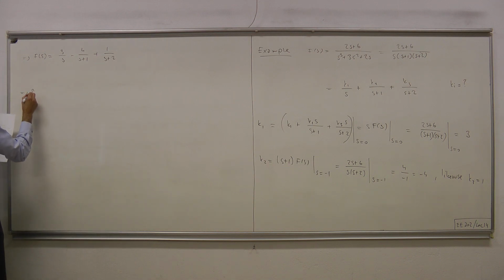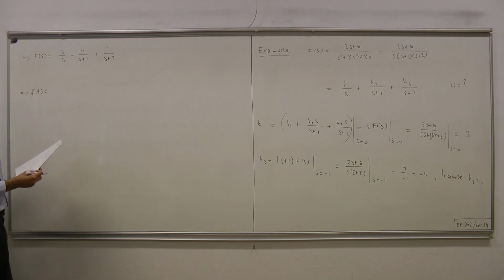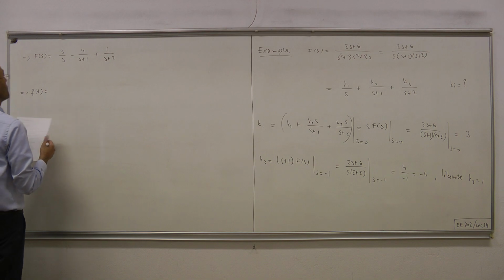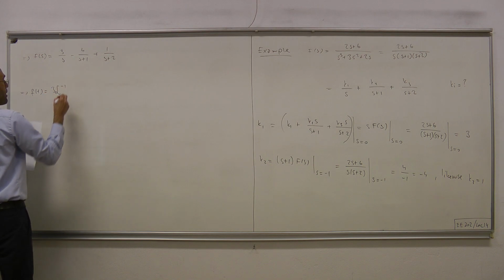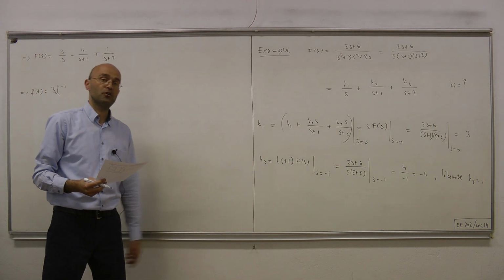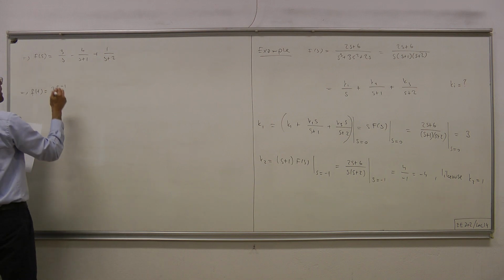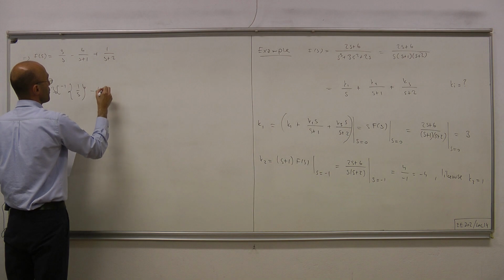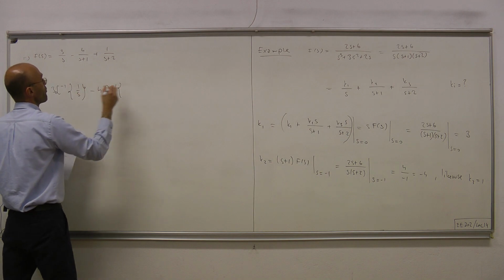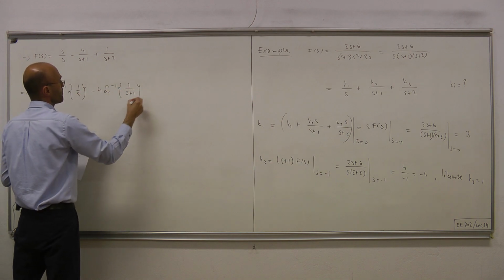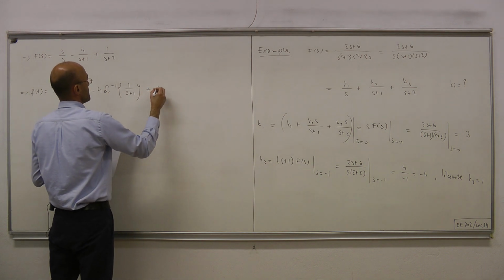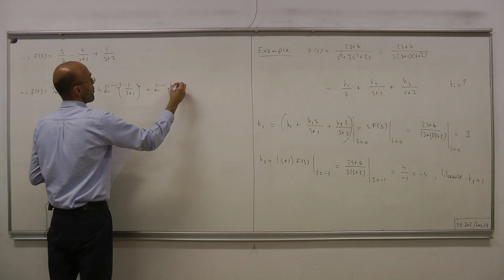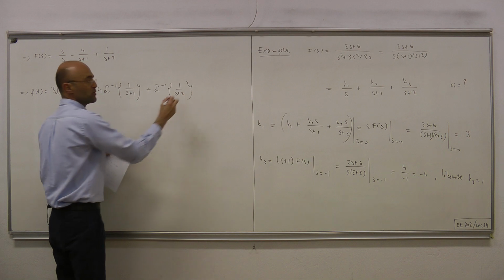Then f(t) is the inverse Laplace transform of F(s), which equals, thanks to the linearity of the transformation, 3 times the inverse Laplace transform of 1 over s, minus 4 times the inverse Laplace transform of 1 over (s + 1), and finally plus the inverse Laplace transform of 1 over (s + 2).